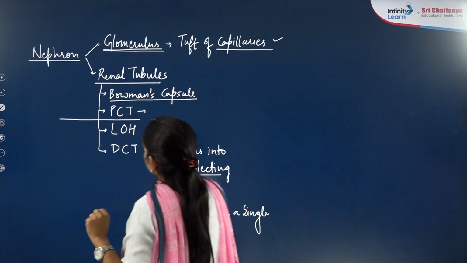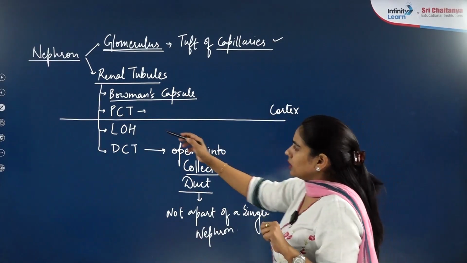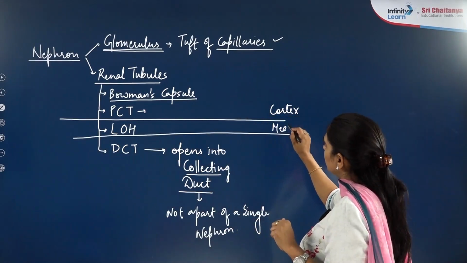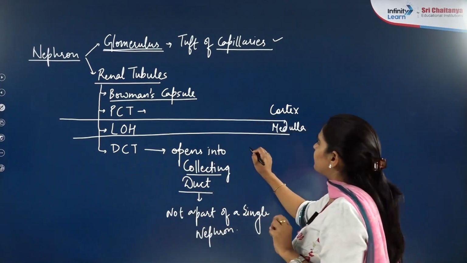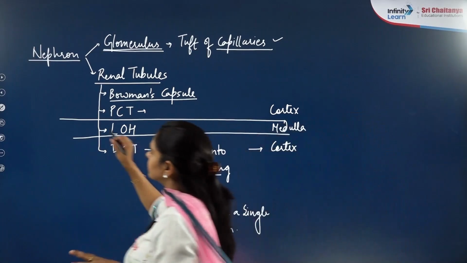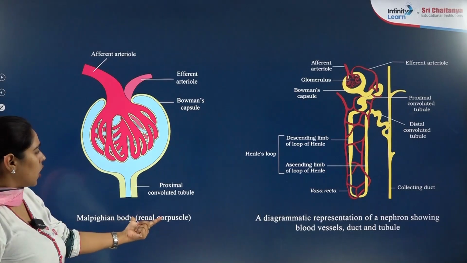Up to here, everything is present in the cortex. Then the loop of Henle is present in the medulla. Then again, the DCT is present in the cortex. So, let me show you all of these things here. See, what is this? This is a Malpighian body or renal corpuscle.